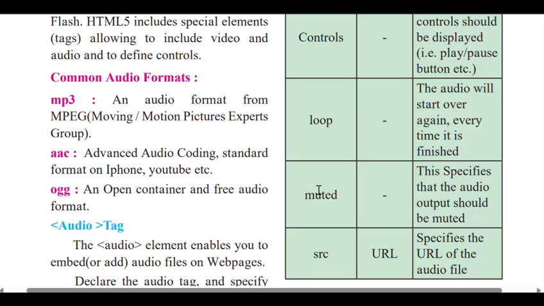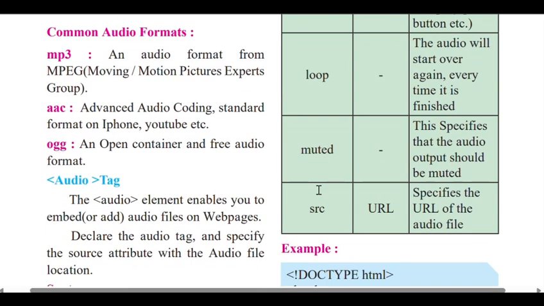Now we are going to see common audio formats, that are MP3, AAC, OGG. What does MP3 stand for? An audio format from MPEG. MPEG stands for Moving Picture Experts Group. Many times full forms of short forms are asked in exams, so keep that in mind.